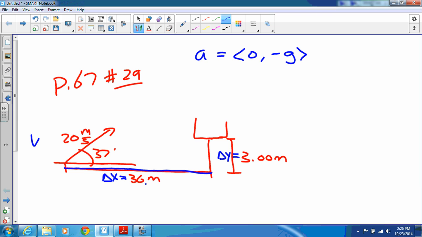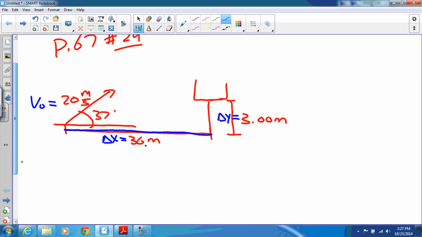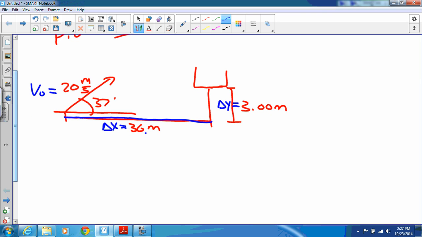And then finally, we have our initial velocity. And most projectile problems start with an initial velocity. And what form is this initial velocity given to us in? Polar form, which is the least useful form.